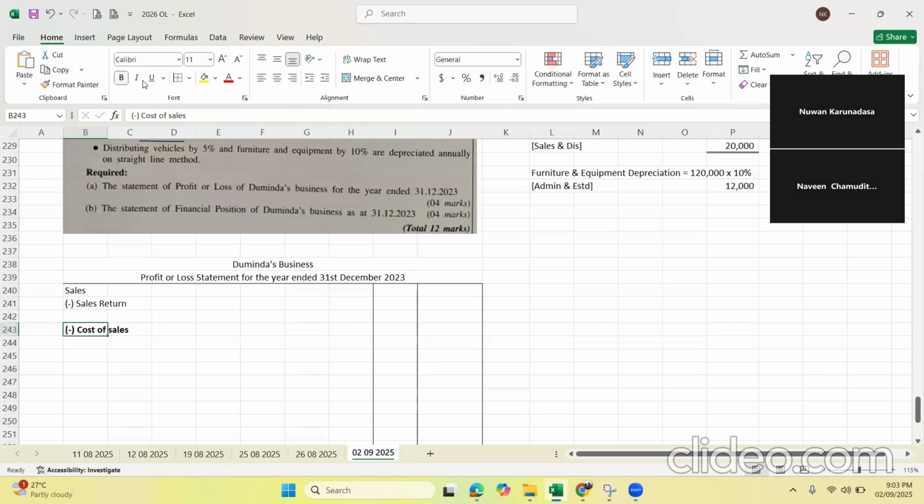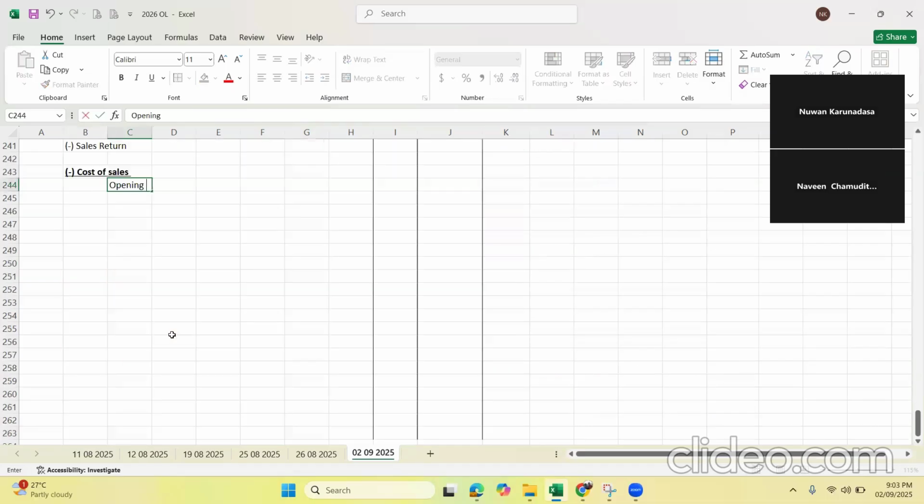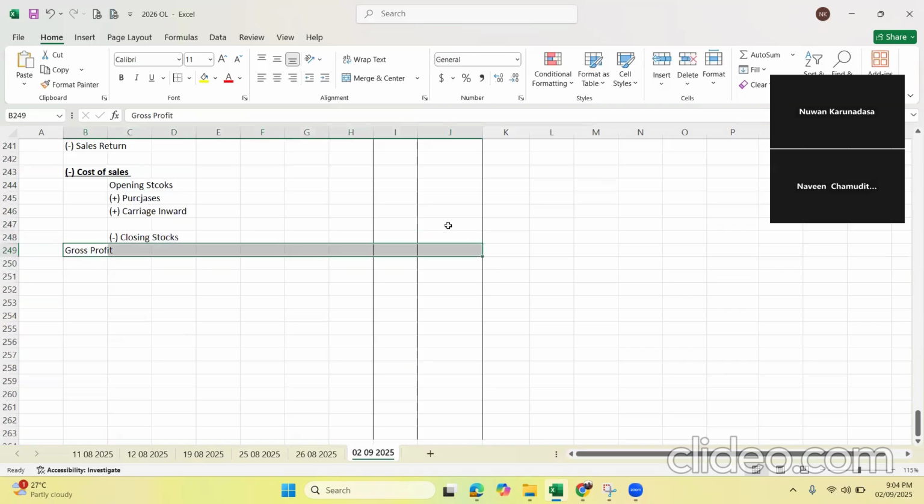The breakup of the cost of sales you must write here: opening stock, plus purchases, plus carriage inward, then minus closing stock. Then your answer here is gross profit.